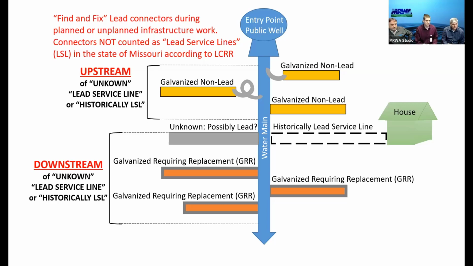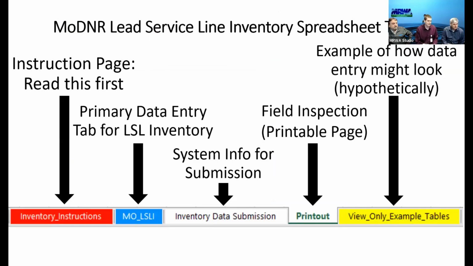Next slide. This shows the main data tabs on our lead service line inventory spreadsheet. I would caution systems, do not use EPA's template, because there has been some confusion when EPA released their guidance on August 4th that some systems saw the spreadsheet EPA released.